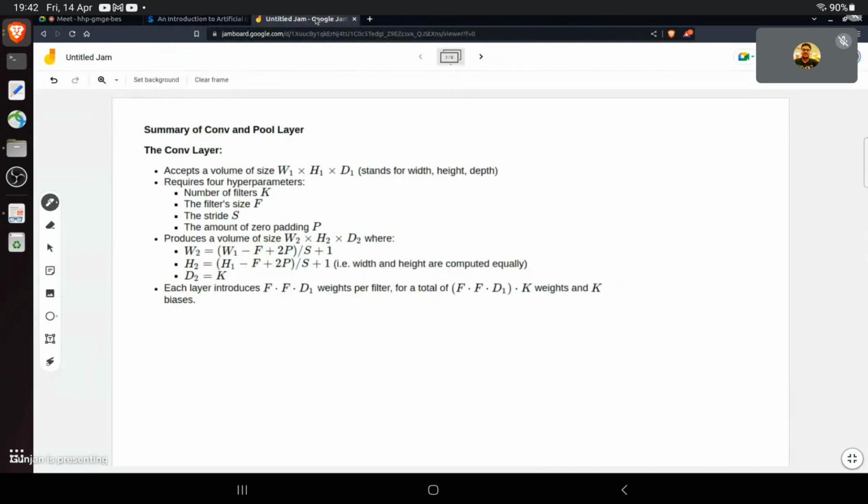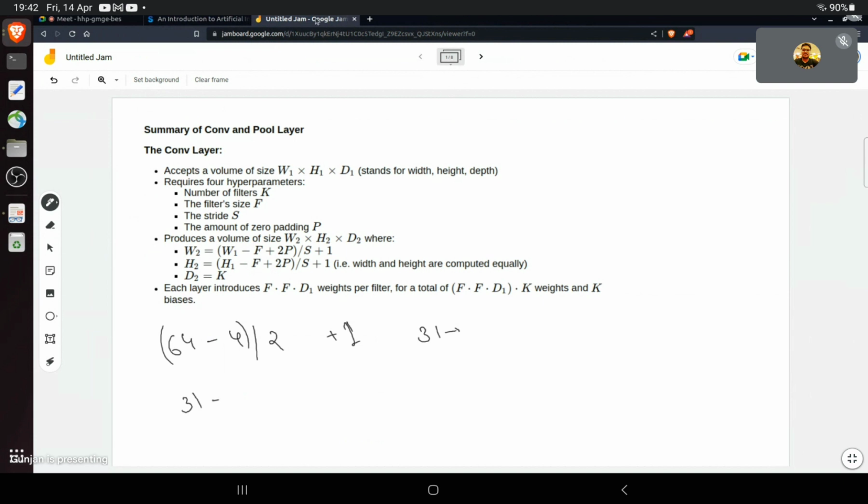Since the input image is of size 64, we compute (64 - 4) divided by 2, plus 1. 60 divided by 2 is 30, plus 1 is 31. So from the first convolution layer you get an output of size 31, which is fed into the second layer.